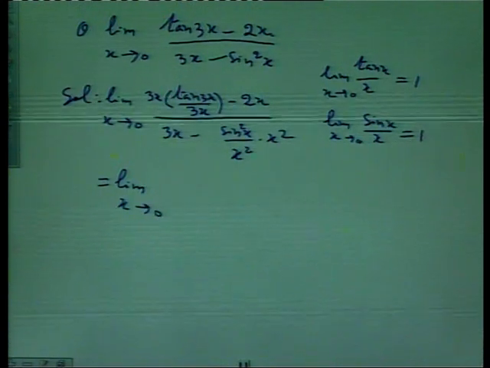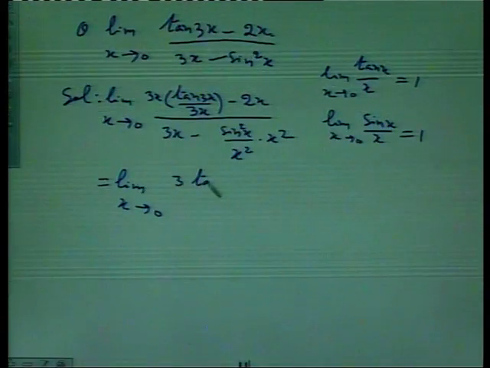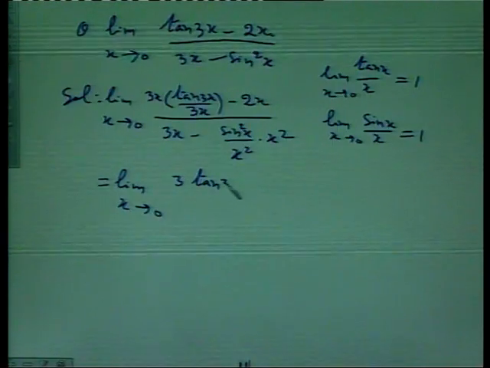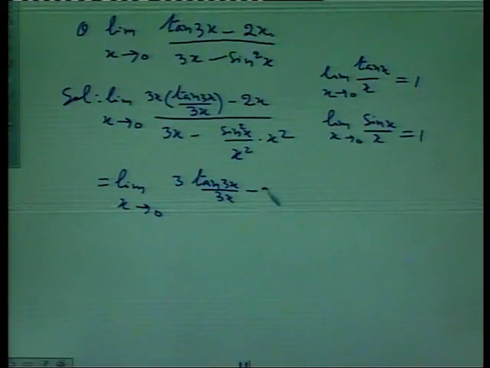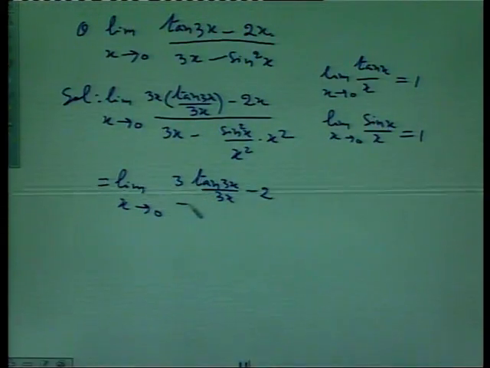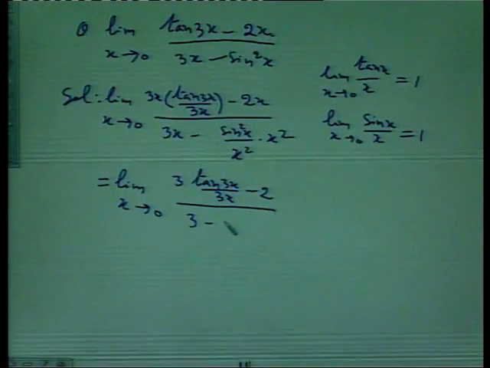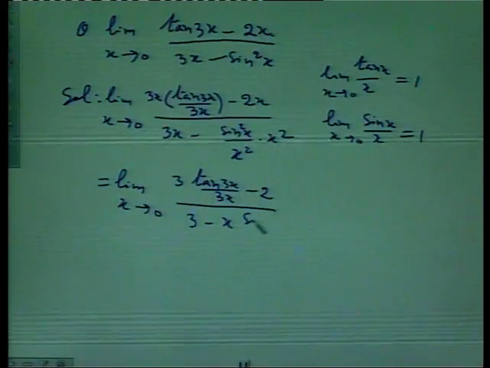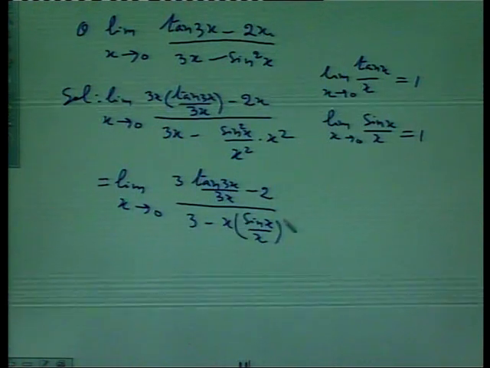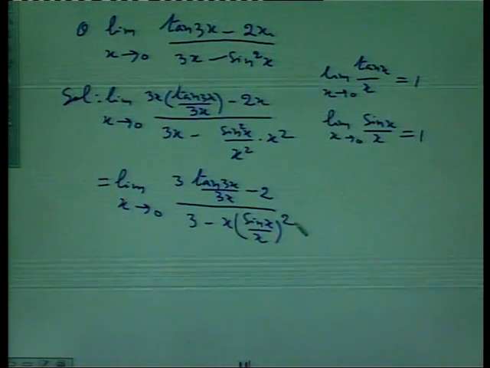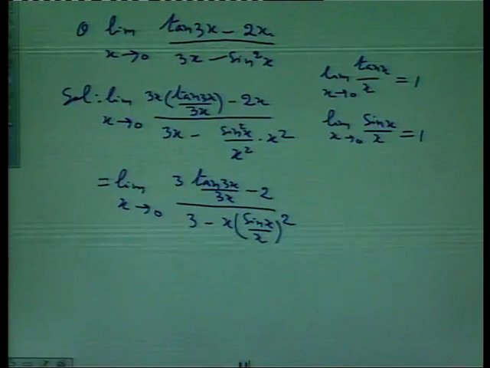If x is common we are left with 3 tan 3x upon 3x minus 2, and whole upon 3 minus x, sin x upon x whole square, because x is common from numerator and denominator.